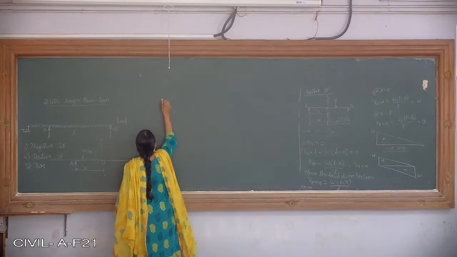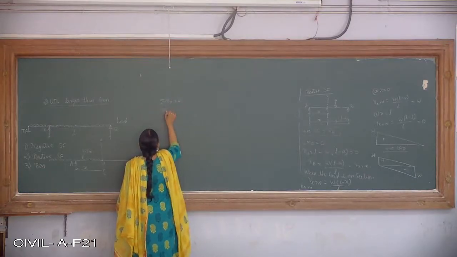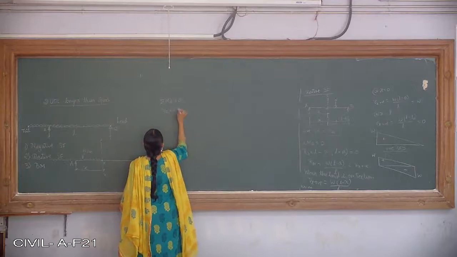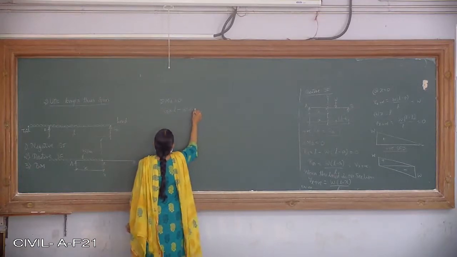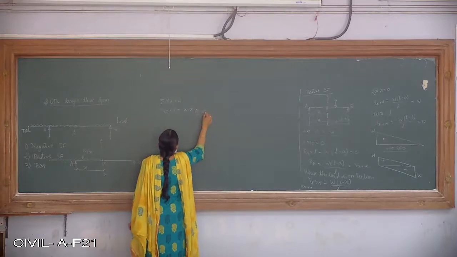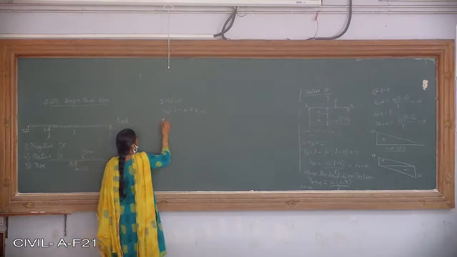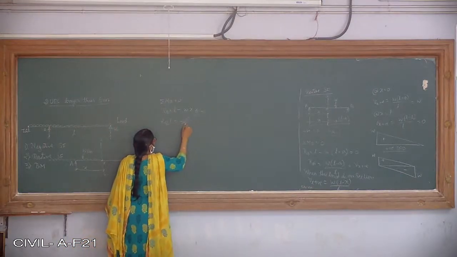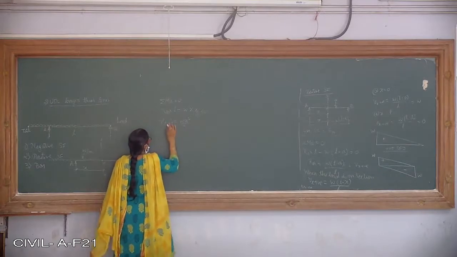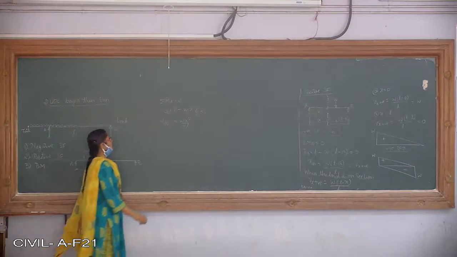So here, negative shear force. RB, I have to calculate RB, so summation of moment about A equal to 0: RB into L minus W into X into X by 2 equals to 0. Okay, so RB into L equal to W X square by 2, or RB is equal to W X square by 2L.